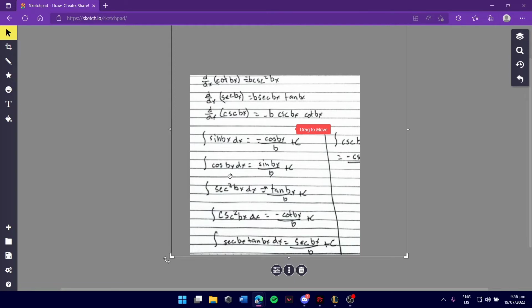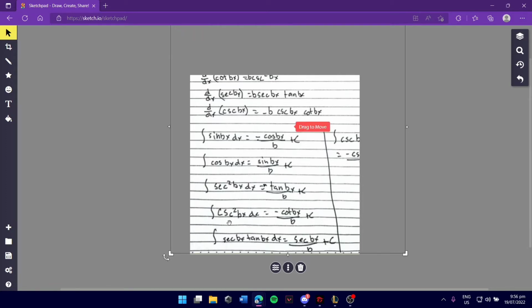The integral of cosine bx times dx will become sine bx over b plus c. The integral of secant squared bx times dx will become tan bx over b plus c. And the integral of cosecant squared bx times dx will become negative cotangent bx over b plus c.